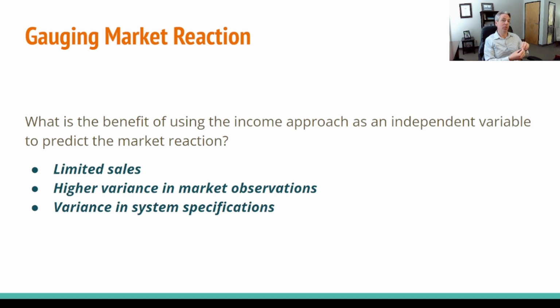So it's not just resulting in the inherent value or the should value, but in a market supported value. That is, again, when you're dealing with limited sales and a lot of variance in those observations and in those systems, very helpful in order to support a contributory value with limited data.